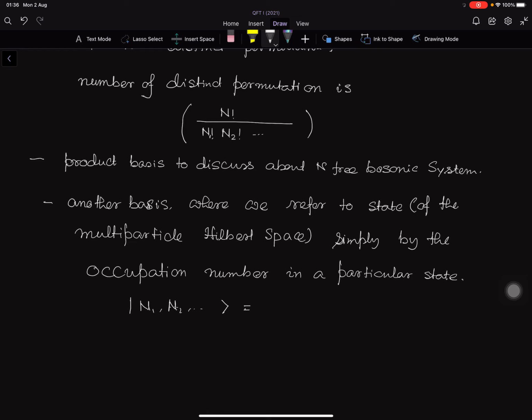So this is the same as the above wave function. In the above wave function we constructed the wave function by taking a product of individual wave functions, and in this basis we have to explicitly sum over distinct permutations.